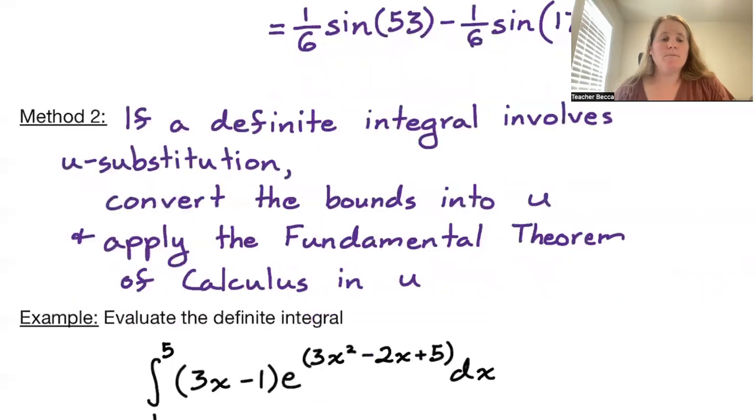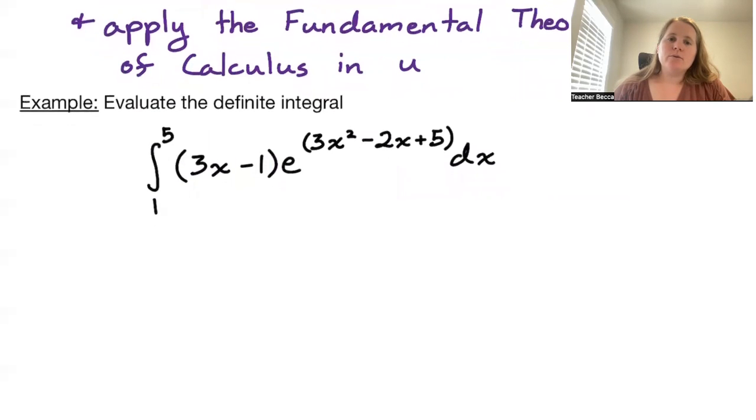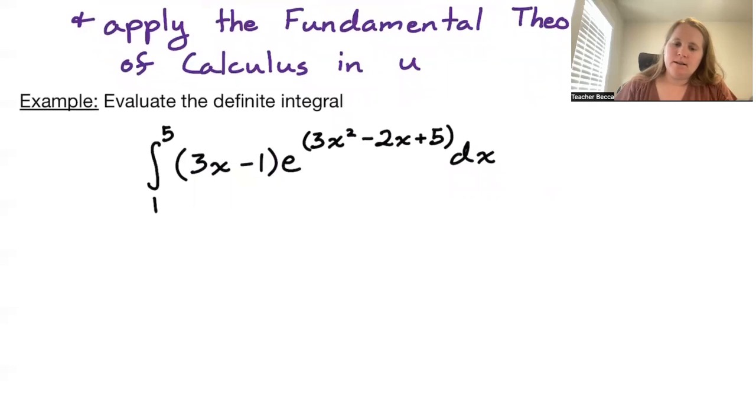So for an example, let's go ahead and evaluate the definite integral from 1 to 5 of, in parentheses, 3x minus 1, end parentheses, times e to the, in parentheses, 3x squared minus 2x plus 5, end parentheses, dx. So if we wish to do this definite integral, our inside function for the u-substitution is 3x squared minus 2x plus 5.